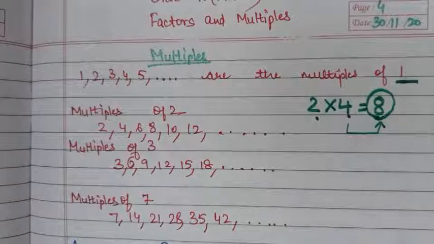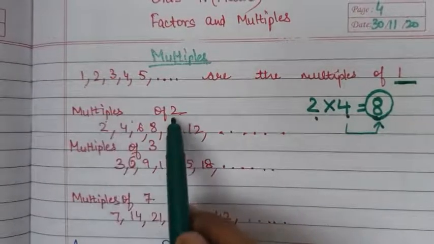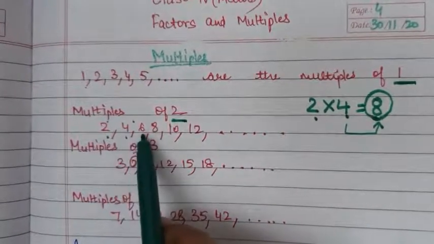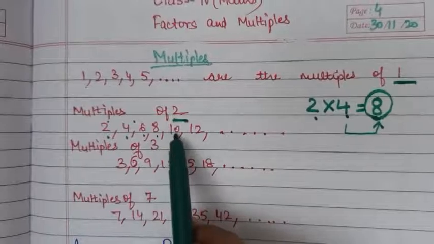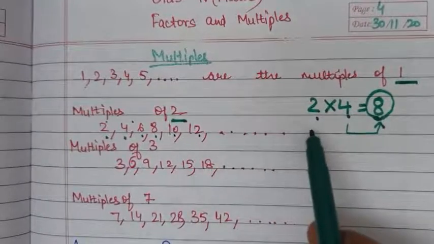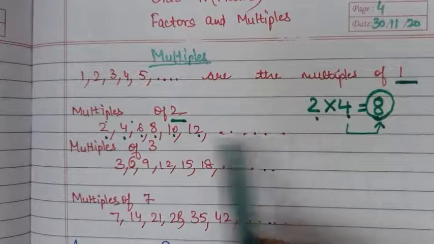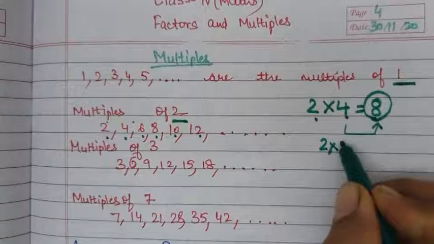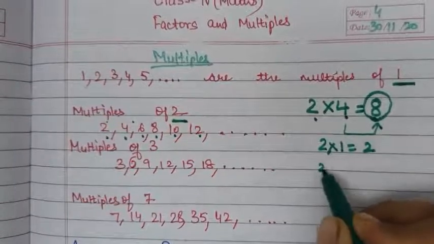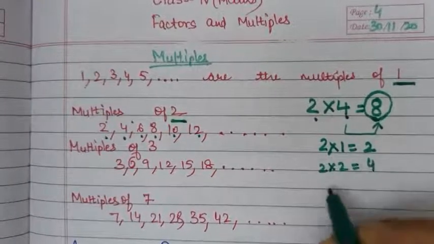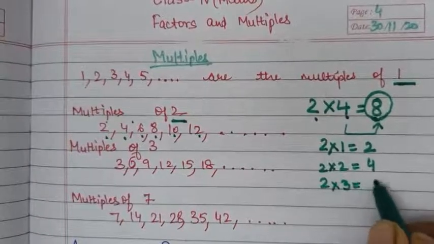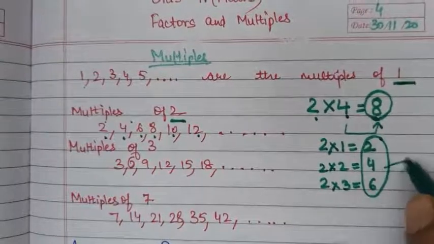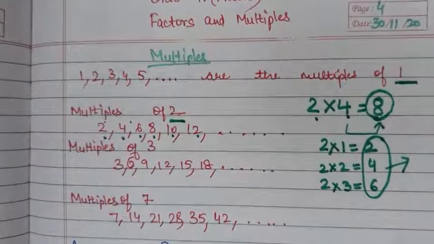Clear? Now, what are the multiples of 2? They are 2, then 4, 6, 8, 10, 12, and so on. There is no end. This is just the table of 2. You write like this: 2 into 1 is 2, 2 into 2 is 4, 2 into 3 is 6. All these numbers we are writing are the multiples of 2.